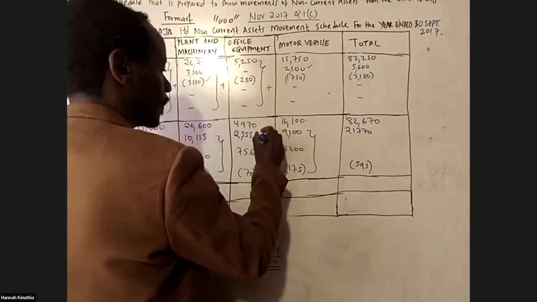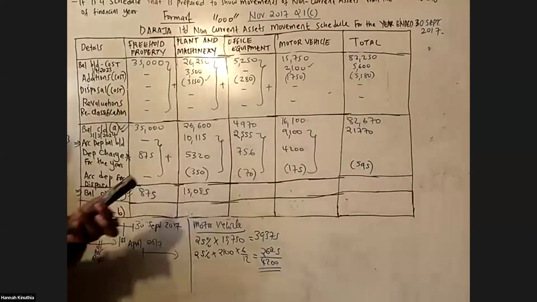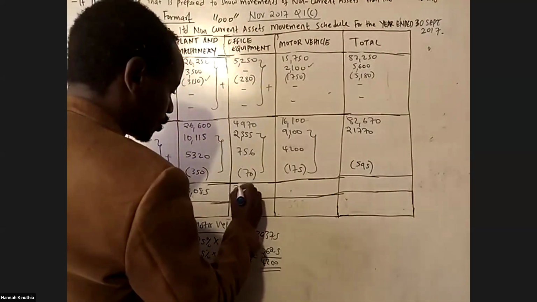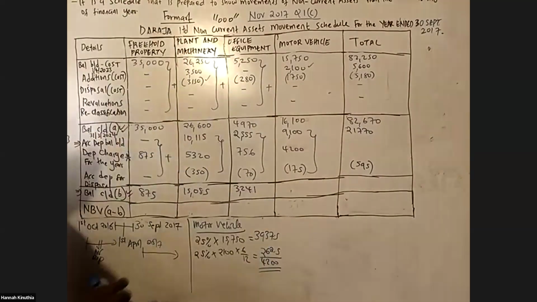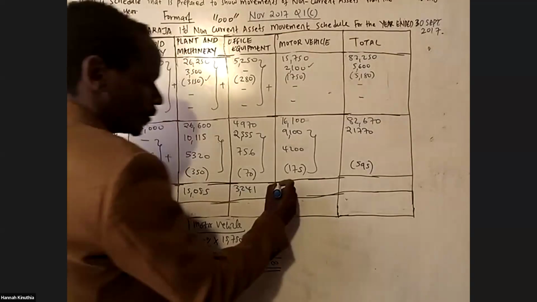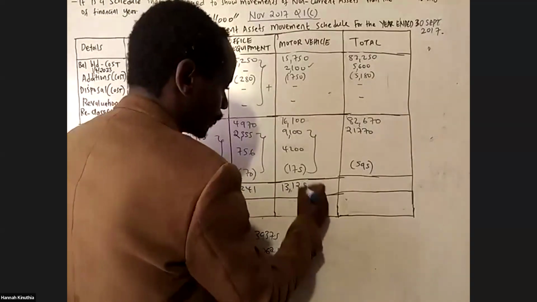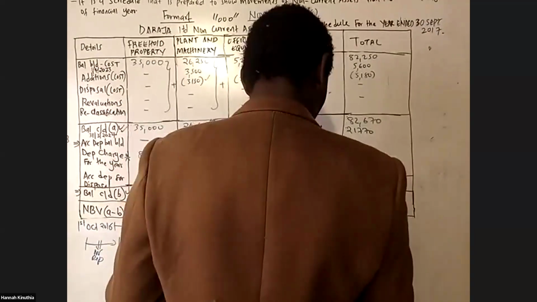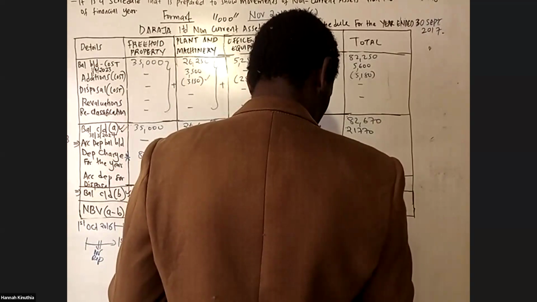Now find this figure. So let us start with this one: 255 plus 756 minus 70 is 3241. Then 9100 plus 4200 minus 175 is how much? 13125. So we have this total here, 32,326.